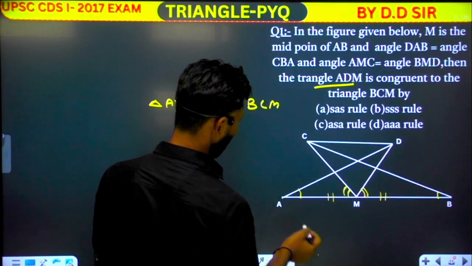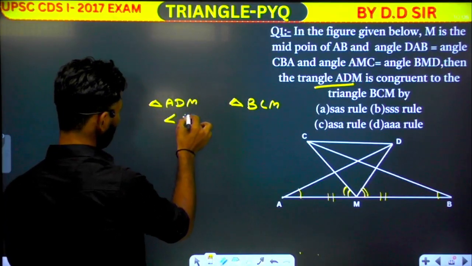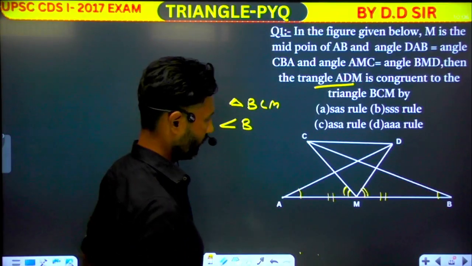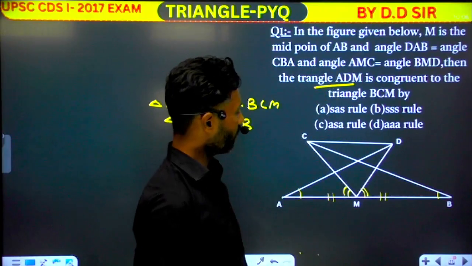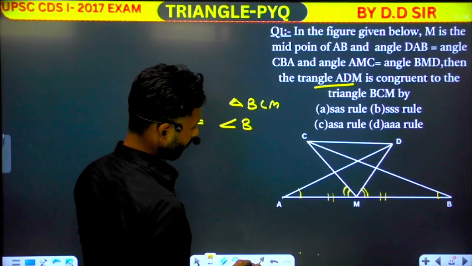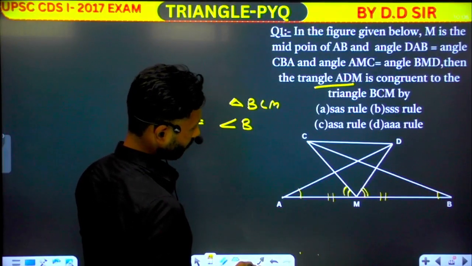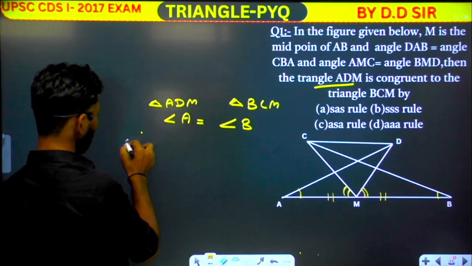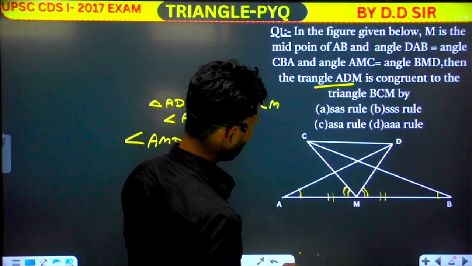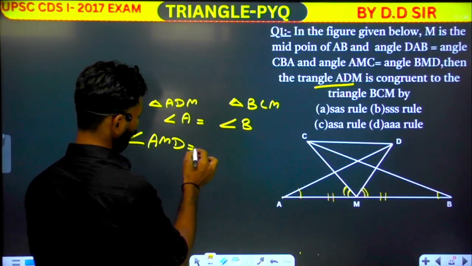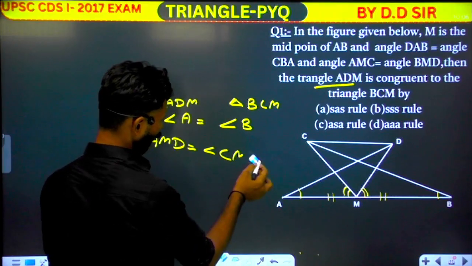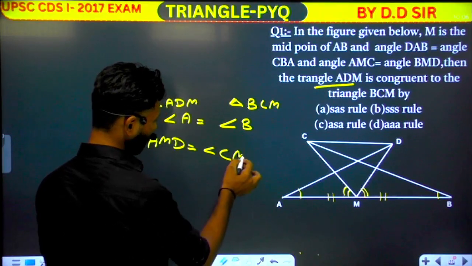So I can say angle A is equal to angle B. It is provided in the question. Next, I can say that angle AMD will be equal to angle CMB.